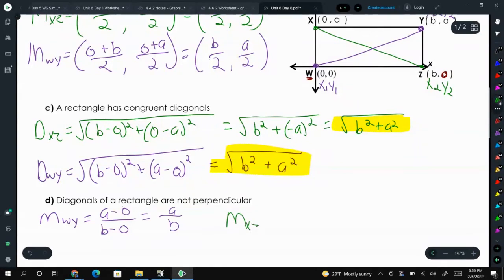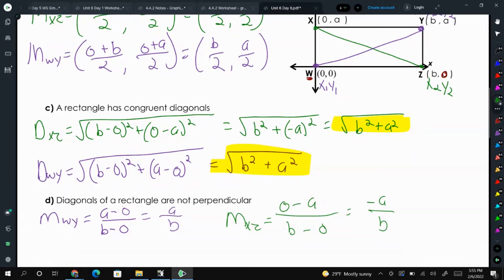The slope of xz, y2 is 0 minus y1, which is a, over x2 is b minus x1, which is 0. So we have negative a over b. Now those are opposite slopes. One's positive, one's negative, but they're not opposite reciprocals. So these diagonals are not perpendicular because their slopes are not opposite reciprocals.